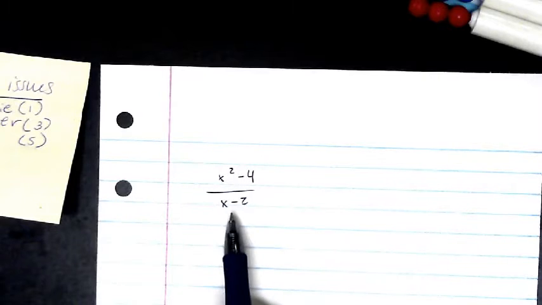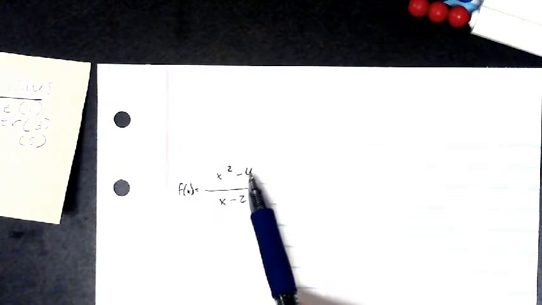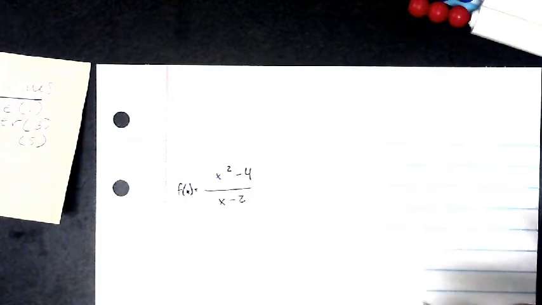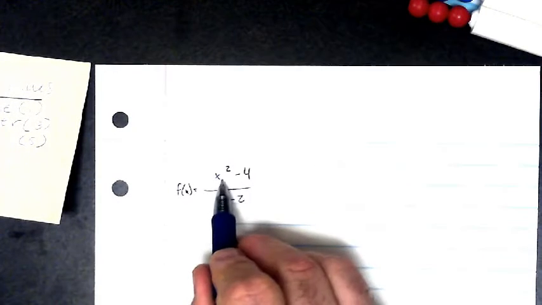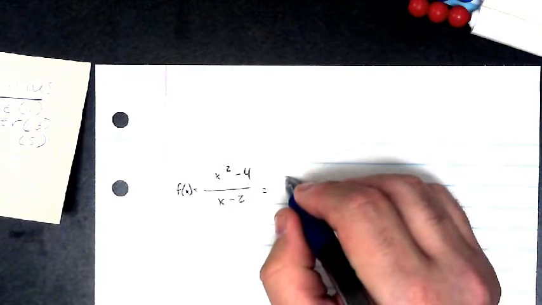So if you have a function x squared minus 4 divided by x minus 2, this function is not what we call in lowest terms. And I know this because the x squared minus 4, the difference of two squares, is factorable.